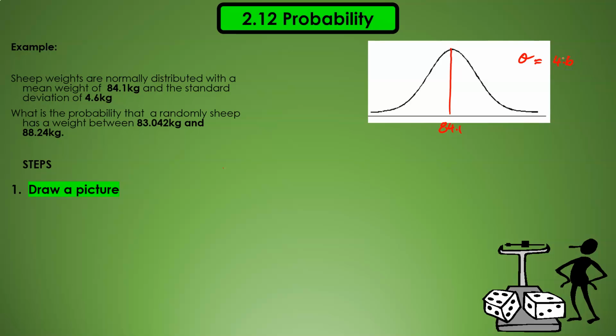Now, until you get used to it, it might be worth thinking about these in terms of labeling them as Z. I'm going to try and color coordinate them as well. So Z1 in this case is going to be less than 84, which is 83.042. So that would represent that area in red.